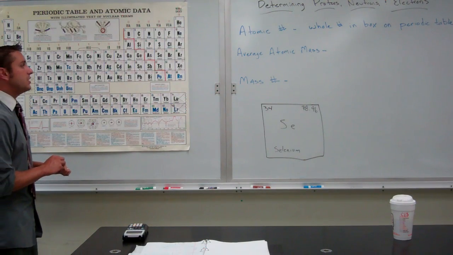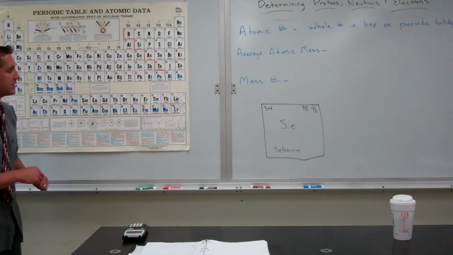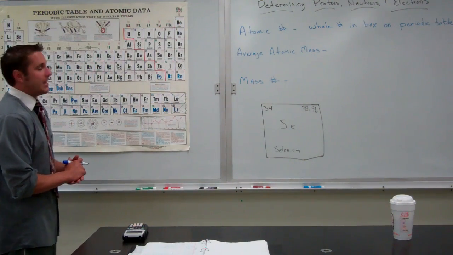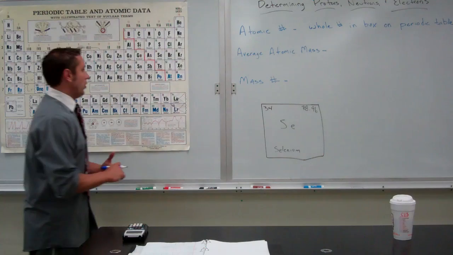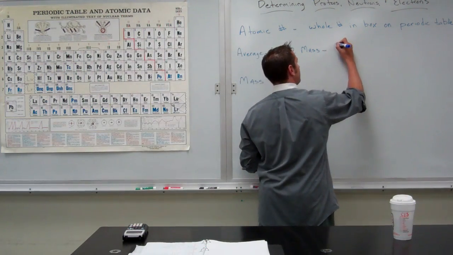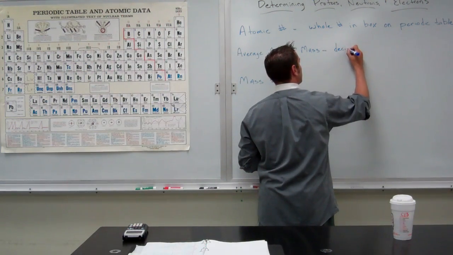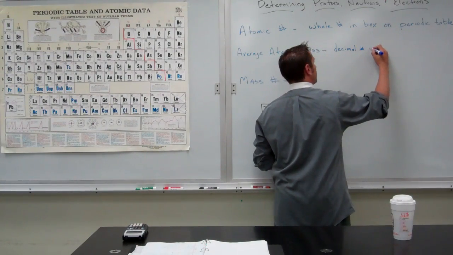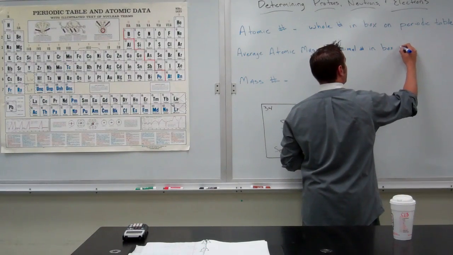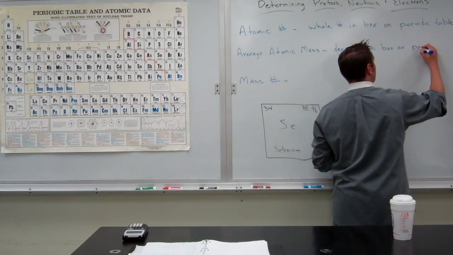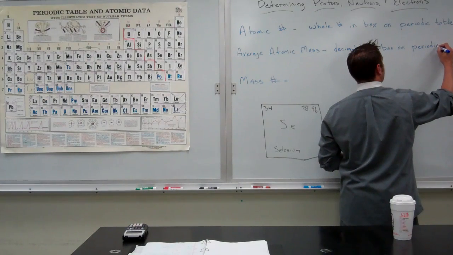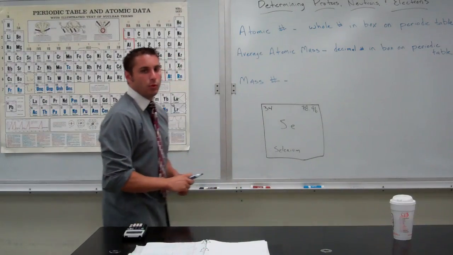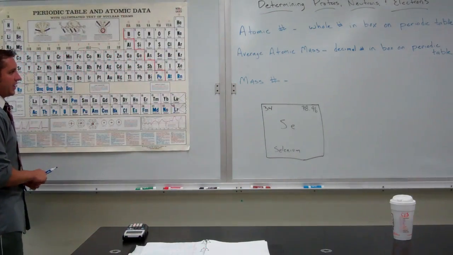Second number is called the average atomic mass. The average atomic mass is the other number in the periodic table. It is the decimal number in the box on the periodic table.